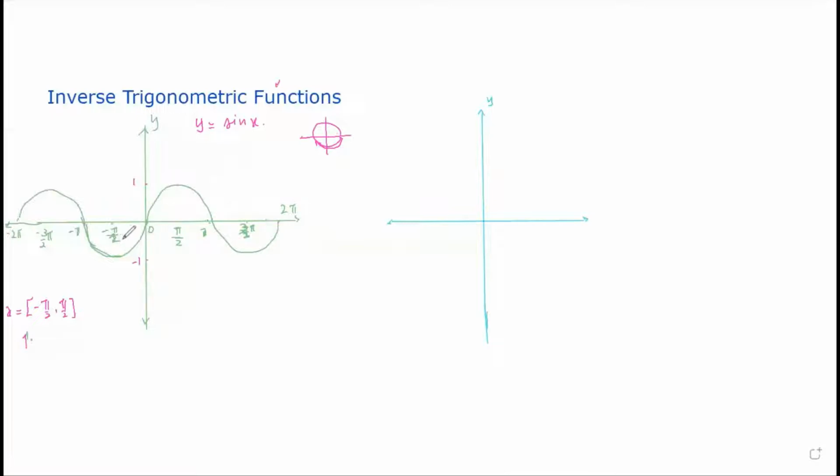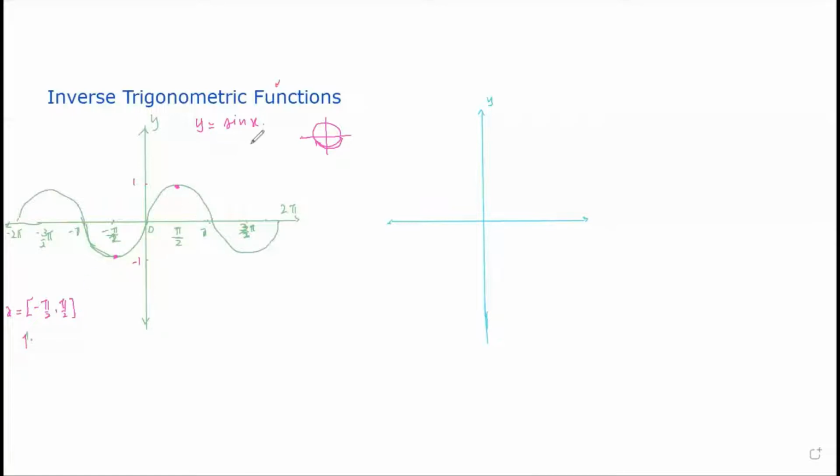So we have a restriction now. The restriction is from where to where? From x equal to -pi over 2 to x equal to pi over 2, from here to here.